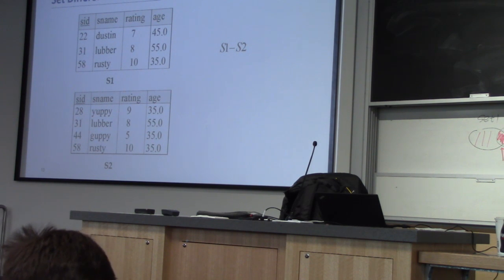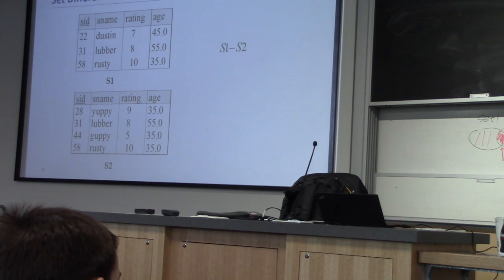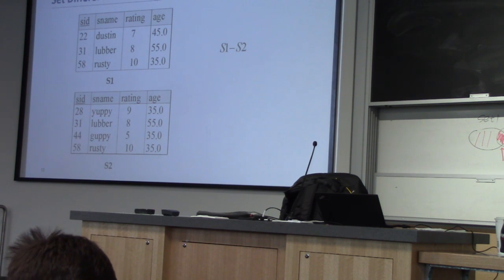So you take the entire set 1 and take out those records that at the same time belong to set 2. So that will be your output for the set difference operator. Okay?